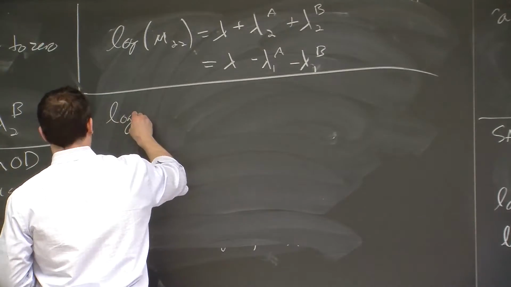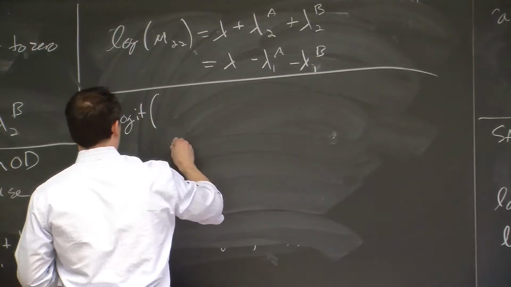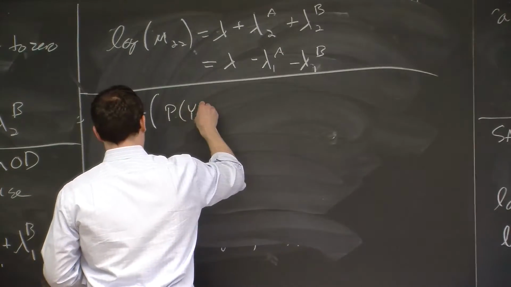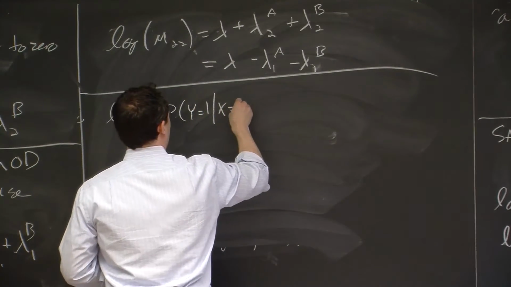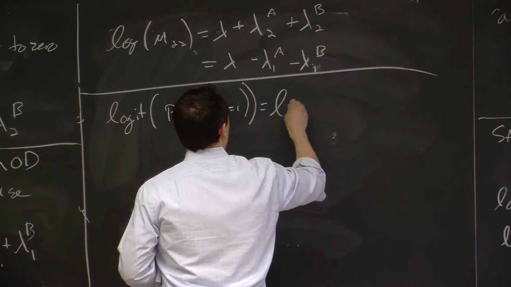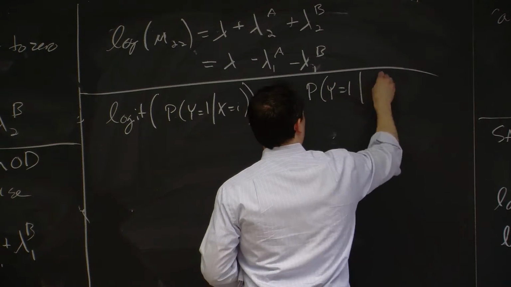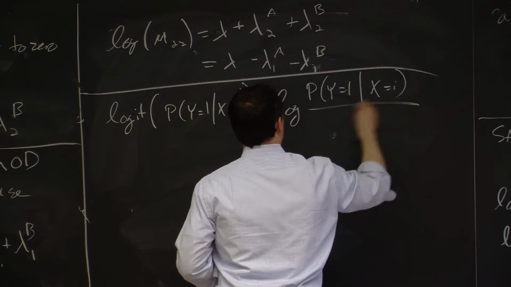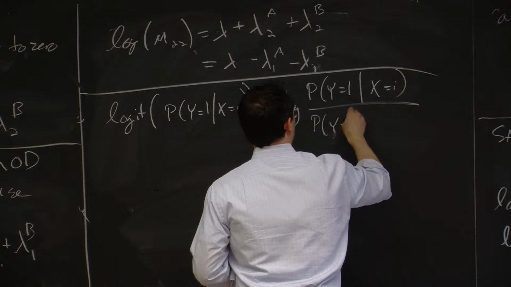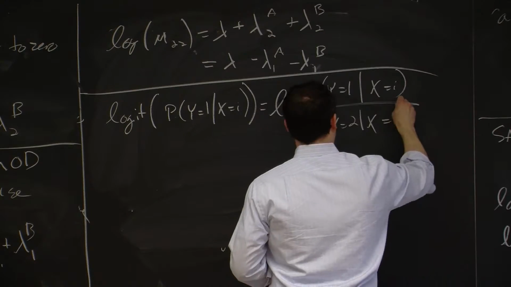So for example, I could take the logit of P(y equals 1 given x equals i), that is, log of the probability that y equals 1 given that x equals i divided by the probability that y equals 2 given x equals i.